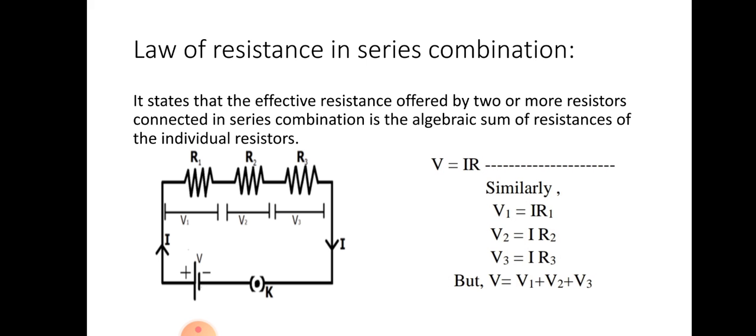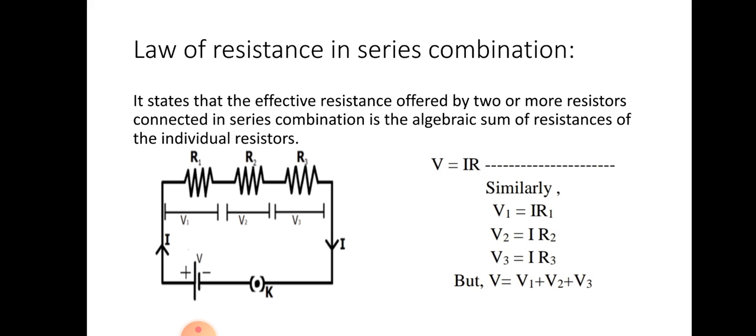Now we all know that Ohm's law gives us the relationship between potential difference, current and resistance, right? So we can say V is equal to IR. Now to each resistor we can apply this formula. In this way we can write for the first resistance R1, V1 is equal to IR1.